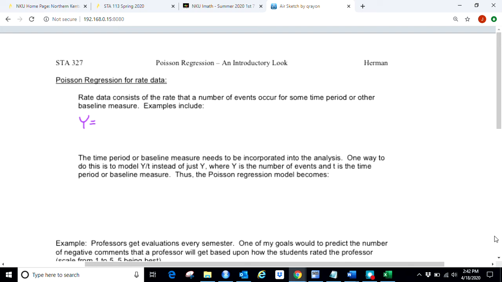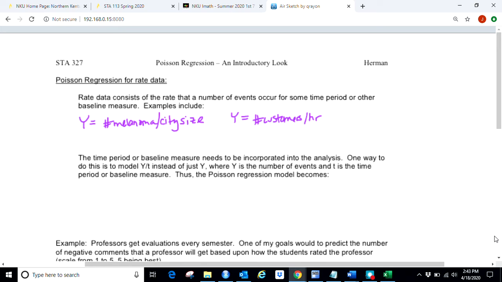So let Y be the number of melanoma cases based upon city size. Or I might model Y being your number of customers per hour that you're open, instead of just looking at your total number of customers in the day.